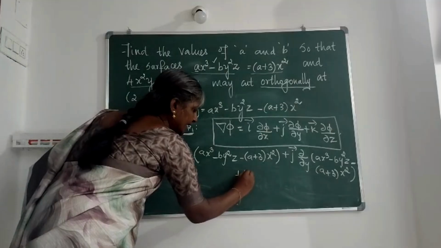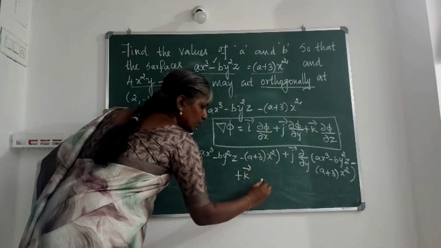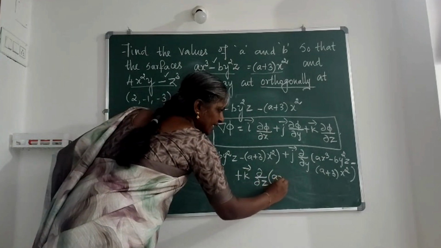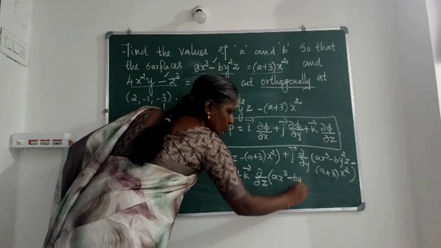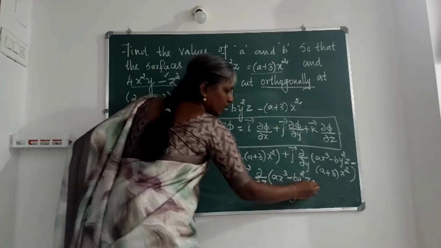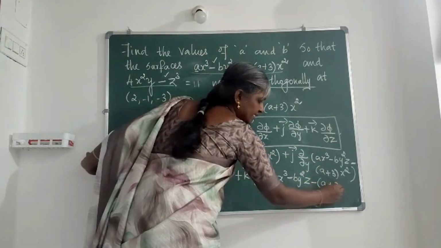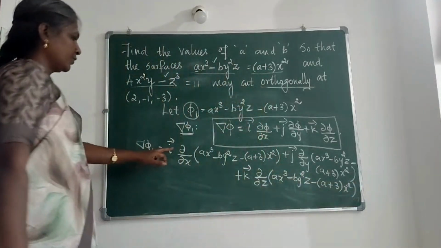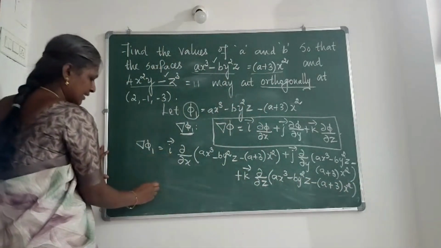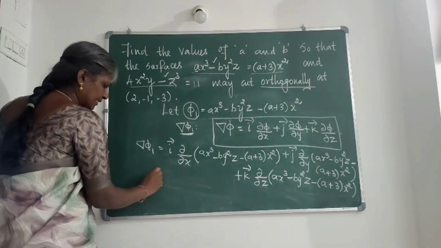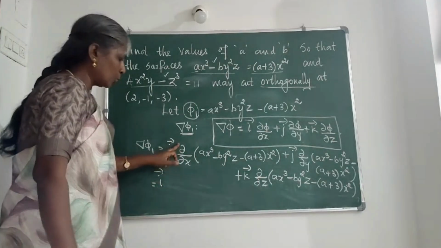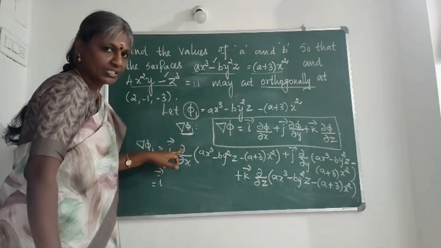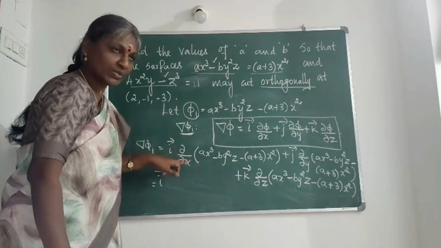Plus vector k into ∂/∂z of (ax³ − by²z − (a+3)x²). So what is the meaning of this? That is equivalent to vector i into ∂/∂x of this much. Partially differentiate with respect to x.